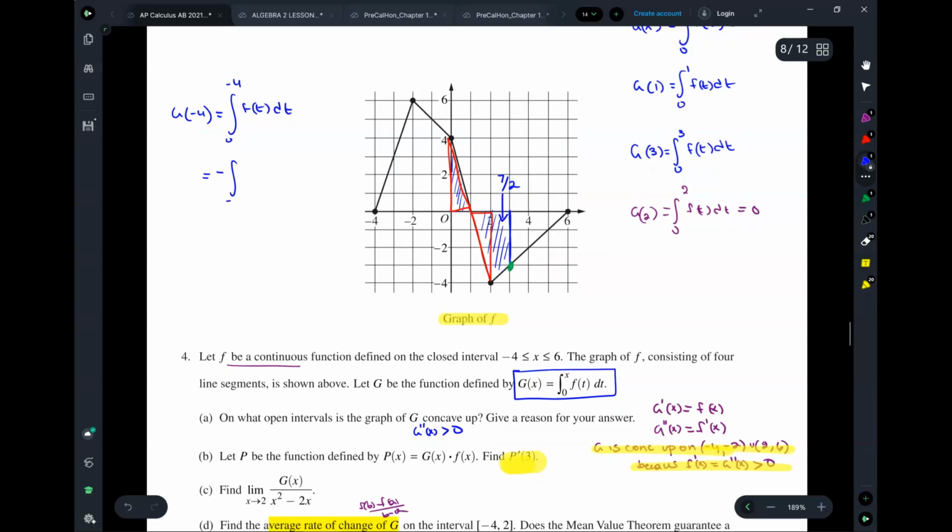So that's the integral from negative 4 to 0 of f of t dt, which is this area here, from negative 4 to 0. If you split it up, this part is 6 and this part is 10, because you have a triangle and a trapezoid. So this is negative 16.